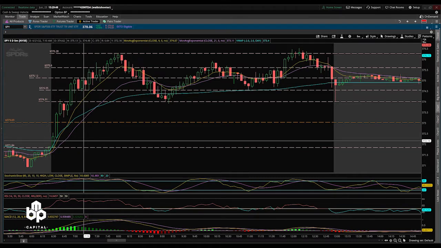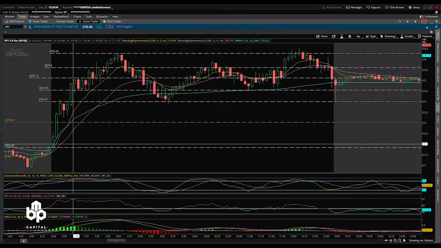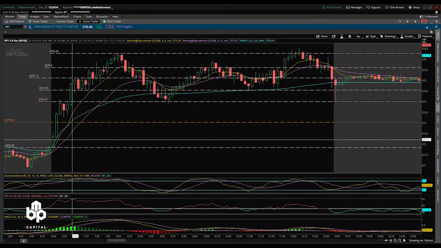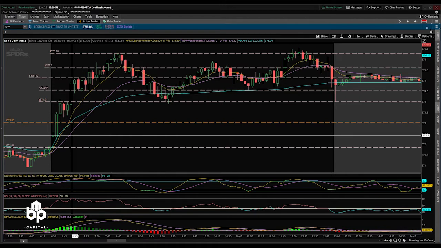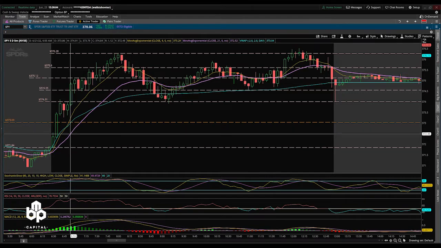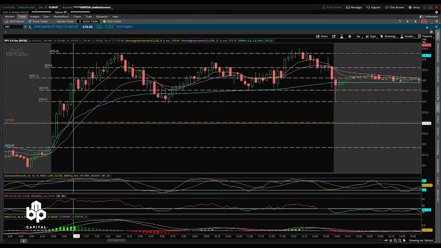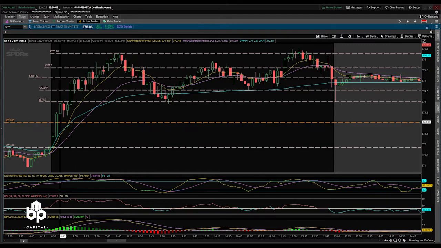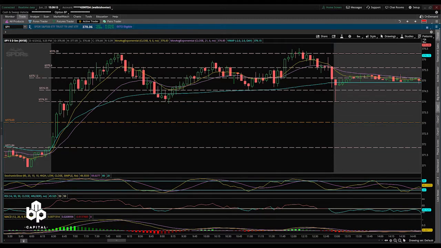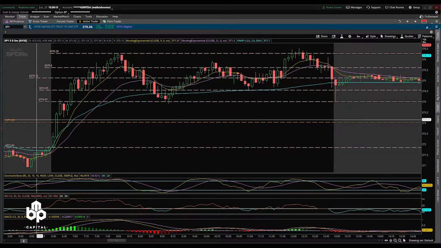I always like to let the runners run, so that play can turn into an hour long, which becomes more so a day trade in a sense. But the majority of the profit taking happens on the front end of it after a breakthrough and retest. I want to share that strategy with you guys so you get a behind-the-scenes look at what I'm looking at, so it makes sense. So let's just get into it, man.